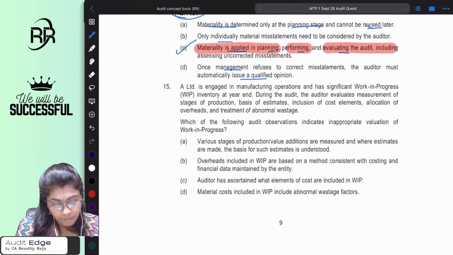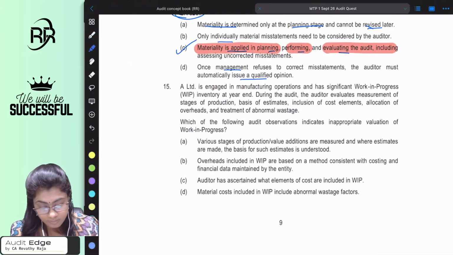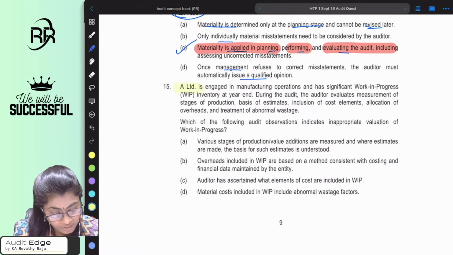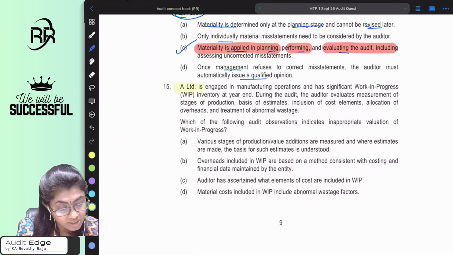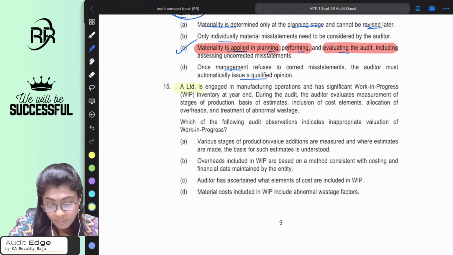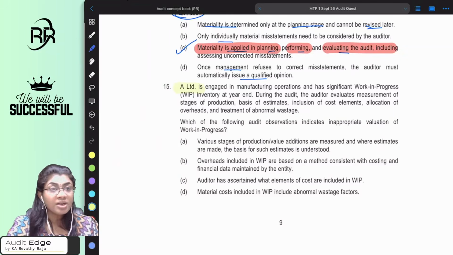Okay. Wow, last question. A Limited is engaged in manufacturing operations and has significant work in progress, WIP, inventory at the year end. During the audit, the auditor evaluates the measurement of stages of production, basis of estimates, inclusion of cost elements, allocation of overheads, and treatment of abnormal wastage.